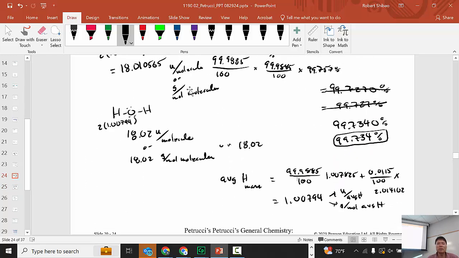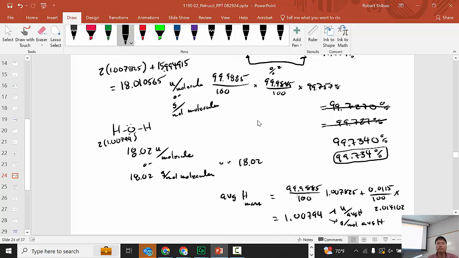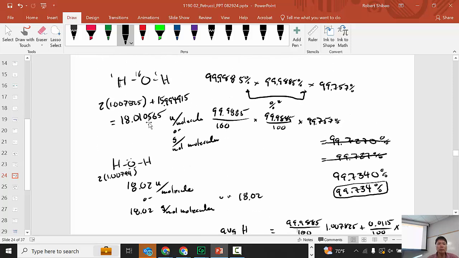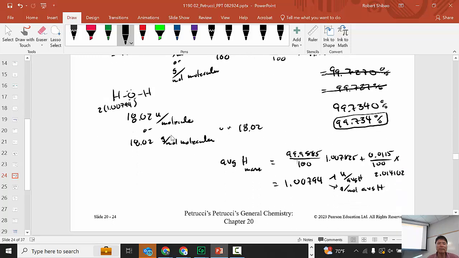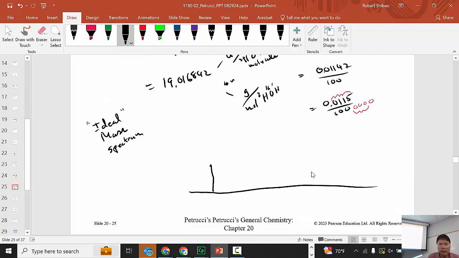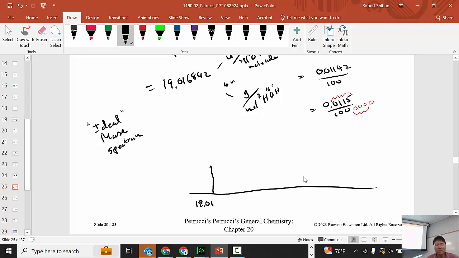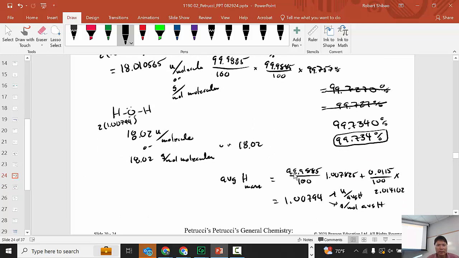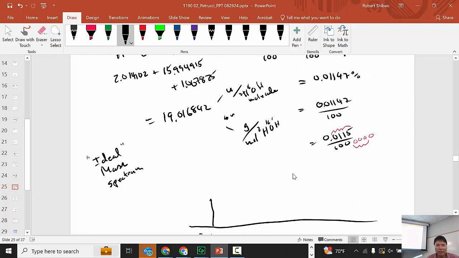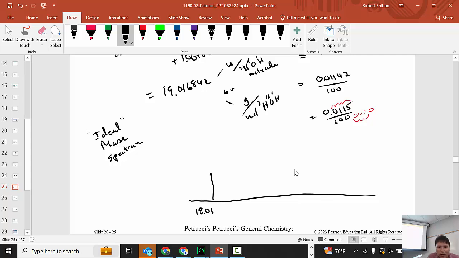The lightest one is going to weigh in at 18.010565, and so we get a peak here at 18.010565.